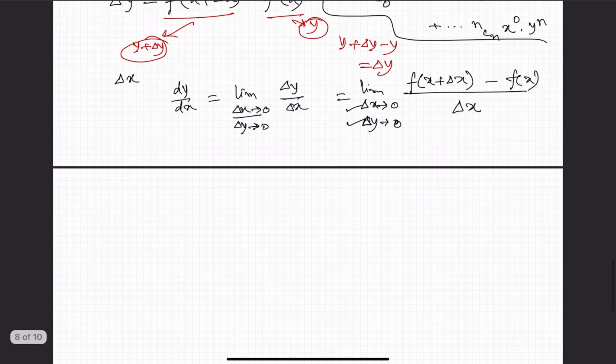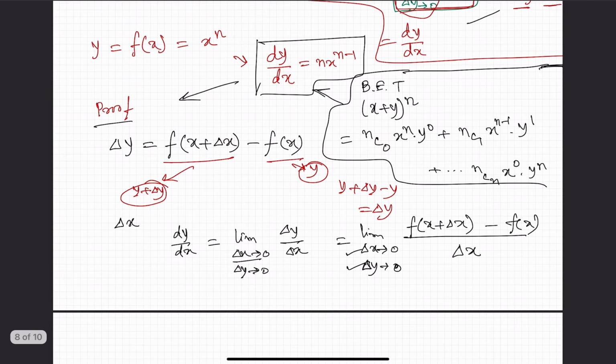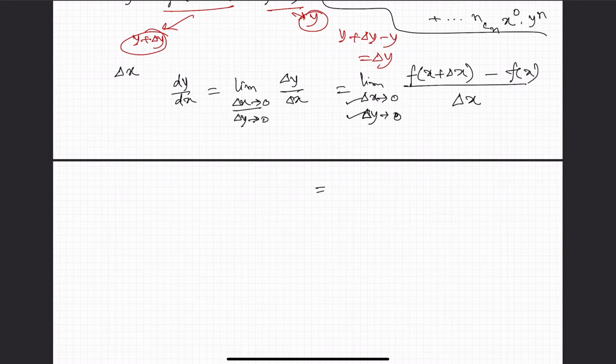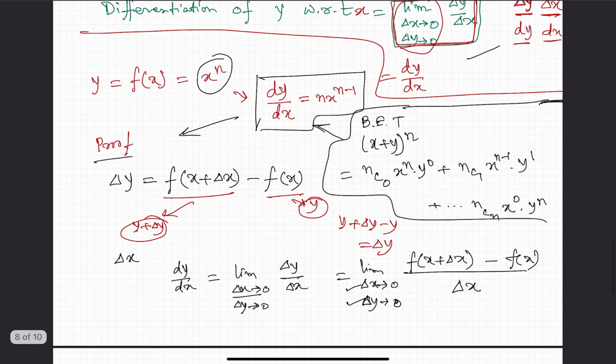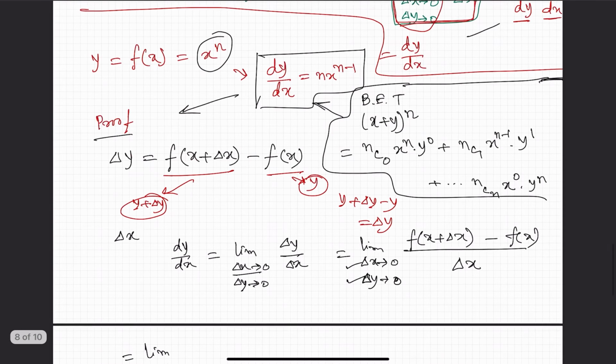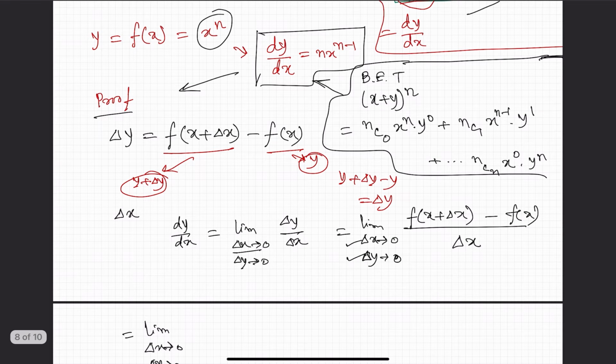Okay, so here f of x is x to the power n. Now we can write the limit del x tends to 0, del y tends to 0. If we put x plus del x in place of x in this function, we can put any value of x.